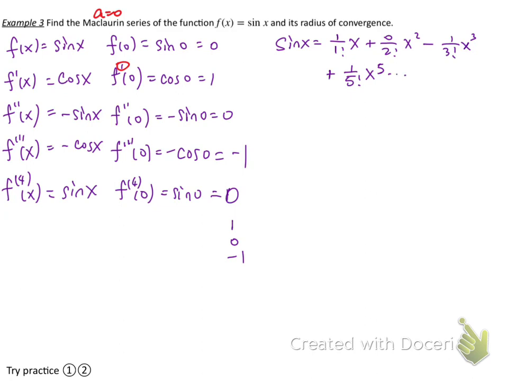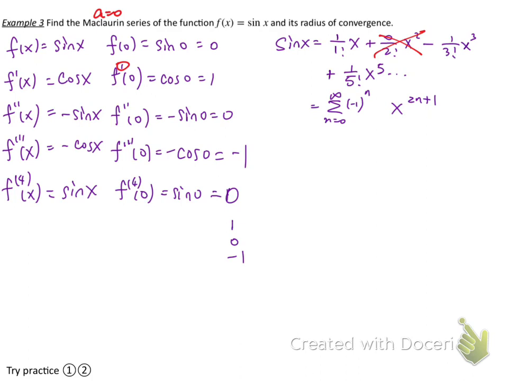So actually we are having only the odd powers of x, which means I'm really summing up the powers 2n plus 1. And look at the coefficients, they all have numerator 1, but the sign is alternating, so I want to start with positive, negative 1 to the nth power.